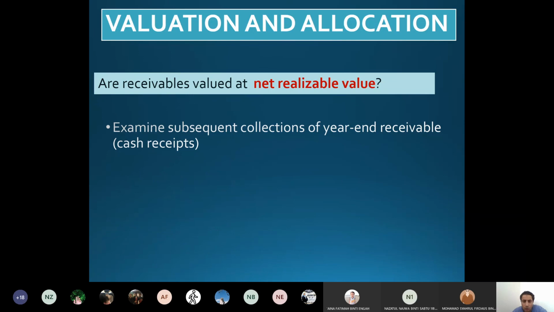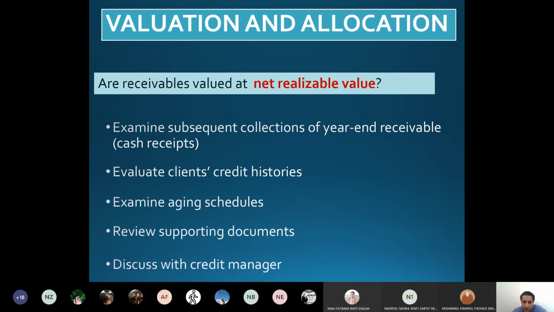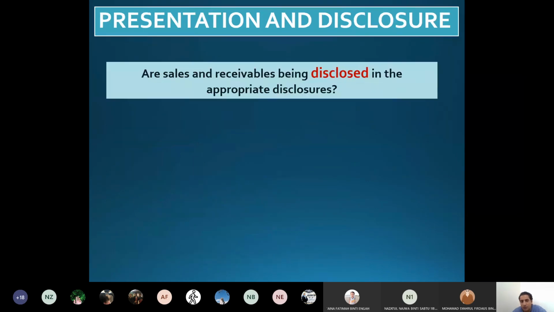To answer this: first, examine subsequent collection of the year-end receivables, cash receipts. Two, evaluate client credit history, examine the aging schedule, review supporting documents, and lastly, discuss with the credit manager.